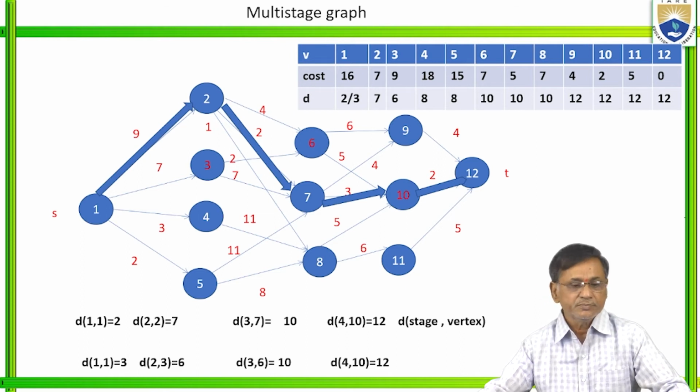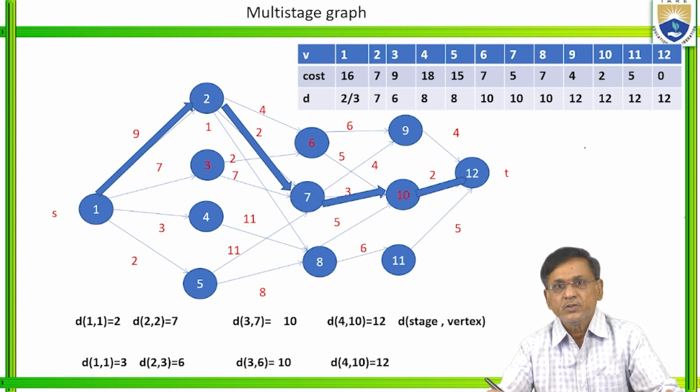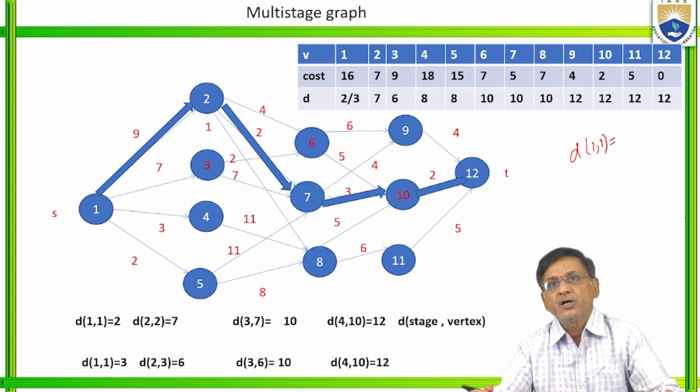The starting vertex is 1, so we start with D of 1, that is first stage, first vertex. Then where to go? We have to go to 2 because the cost is minimum. So that is stage 2 we have to go.